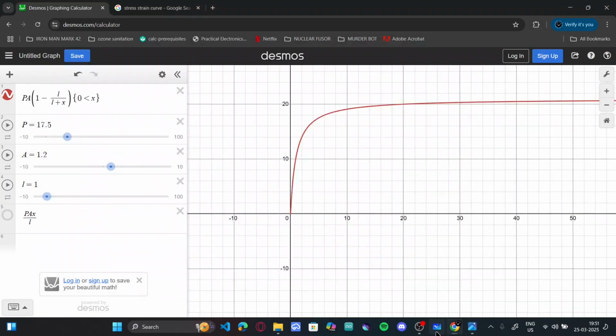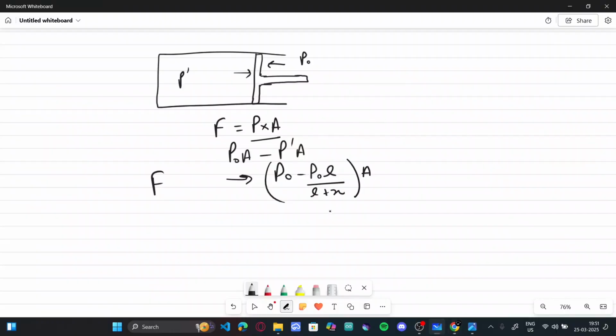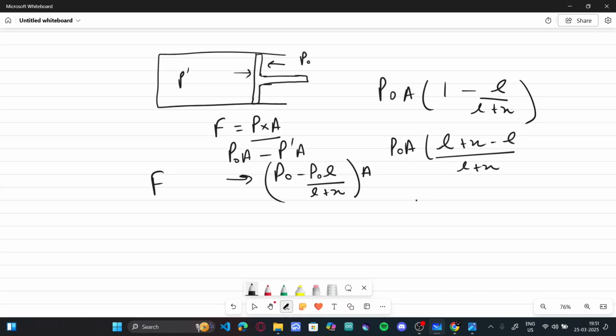So let me mathematically prove it to you. So if we just simplify this, I'm taking P naught and area common, so it's 1 minus L over L plus X, which is P naught A times (L plus X minus L) over (L plus X), which is P naught A X over (L plus X).